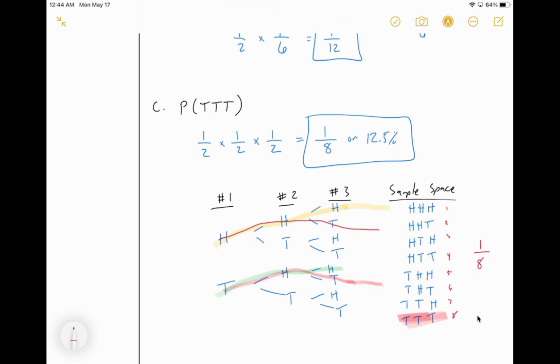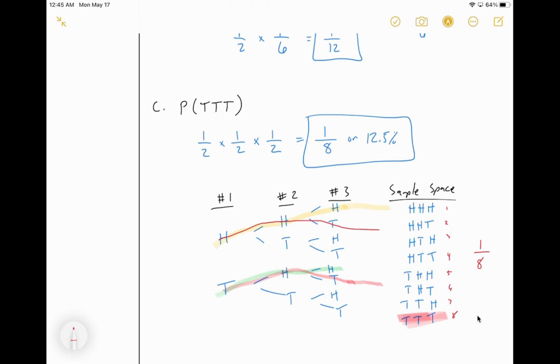We did it really simply, just multiplying the fractions. But I wanted to show you what sample space is. Sample space is all the different possibilities that are out there. These are the 8 different things that could happen. The only one we were looking at was tails, tails, tails, so the probability of getting it is 1 out of 8.